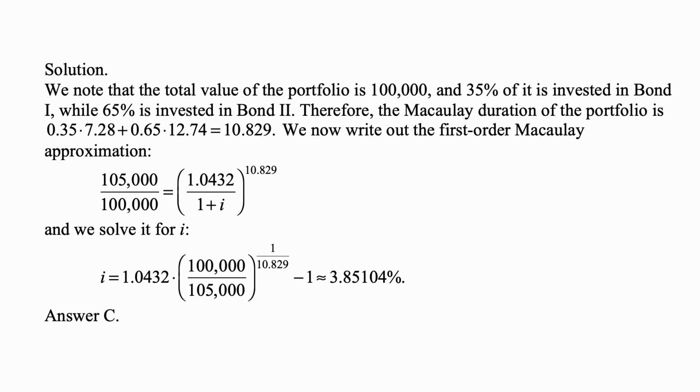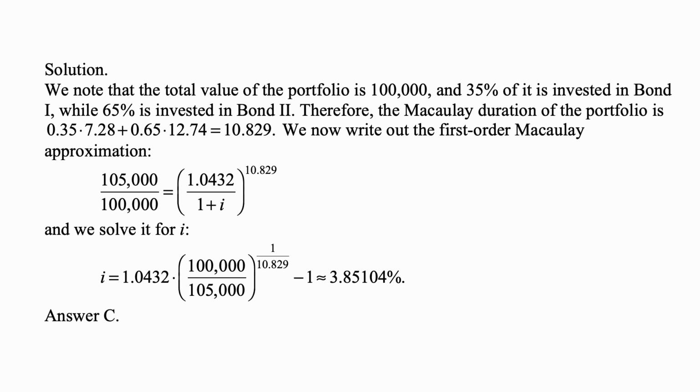And if we flip the left-hand side, then we can just put it on the right-hand side. And if we multiply both sides by 1 plus I, we end up putting 1 plus I on the other side.